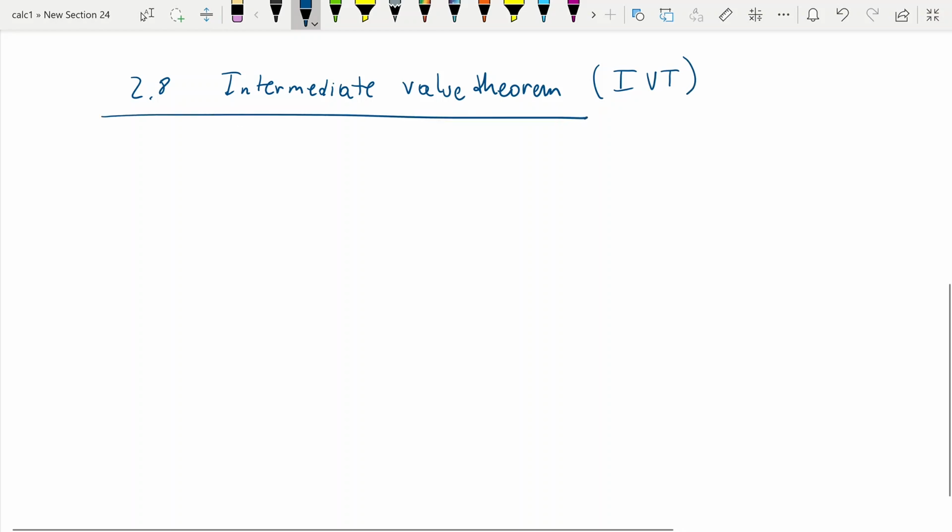And what does this theorem say? Let's just recall it very briefly.